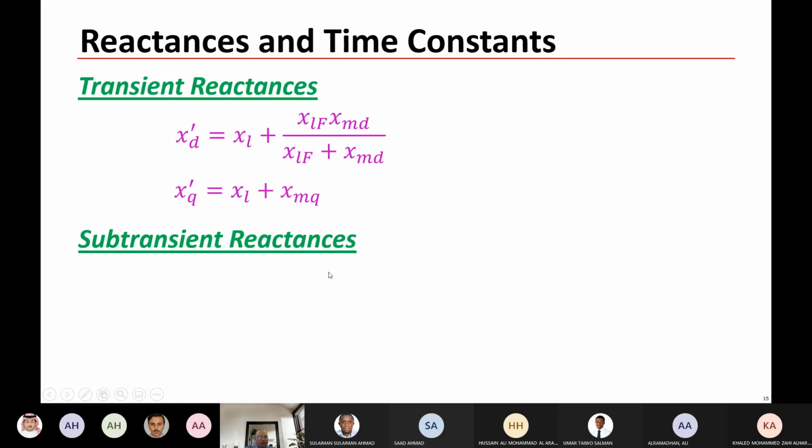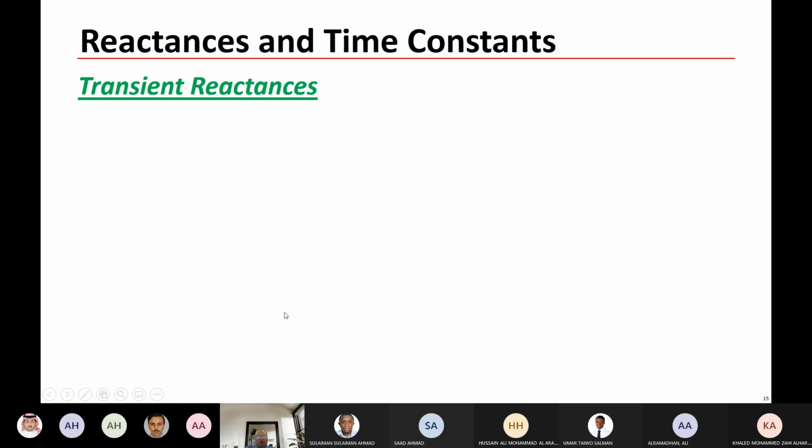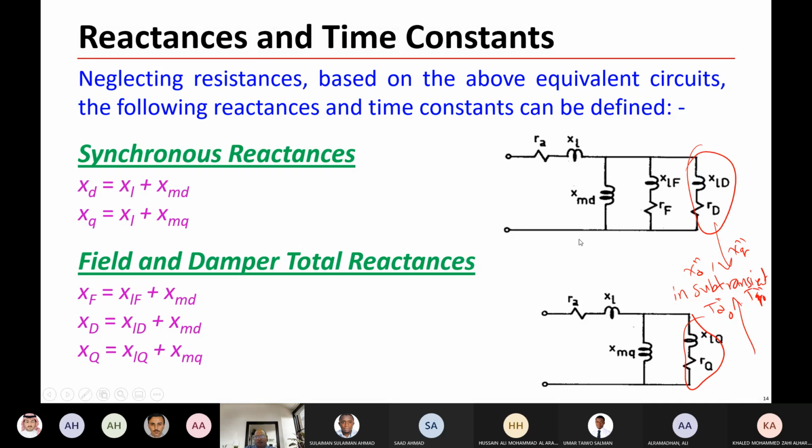With subtransient reactances, the damper winding will have an influence here. So, for example, for this circuit, if you want to calculate the subtransient reactance XD double prime equals XL, and you have 3 parallel inductances here. So you can get the equivalent of the 3 parallel inductances plus XL. And for XQ double prime, you have here XL, and you have XMQ and XLQ here in parallel.